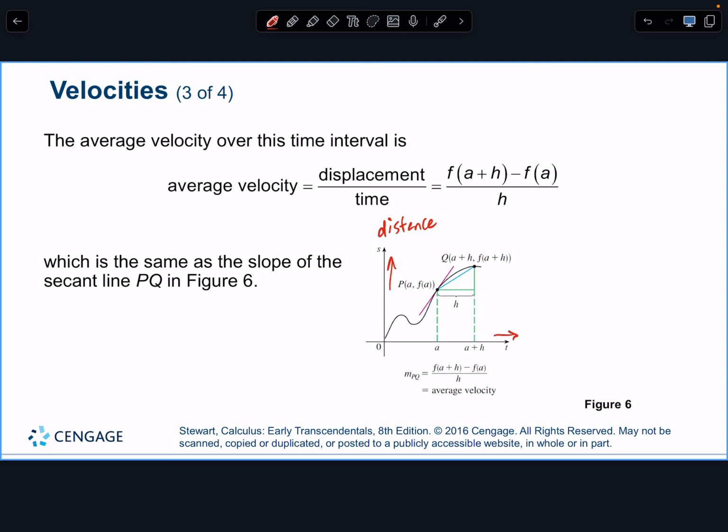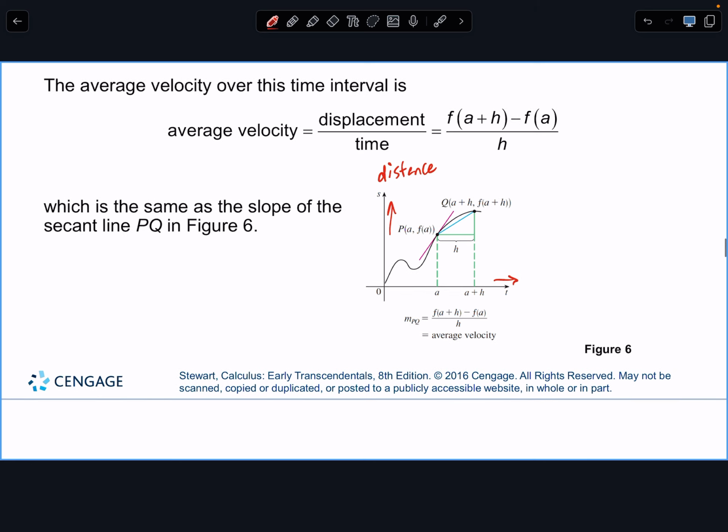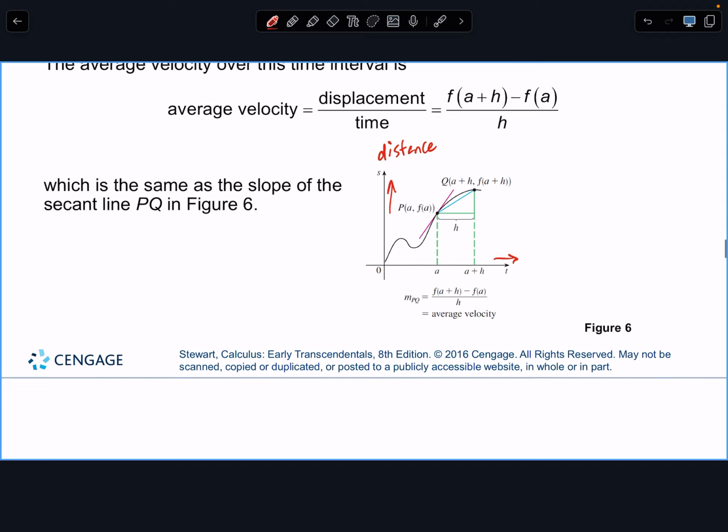In calculus, 99% of the time that horizontal axis is time. So you're measuring distance over time, which is called rate, and in this case, velocity. That's a very common application of slope, to measure velocity, distance over time.